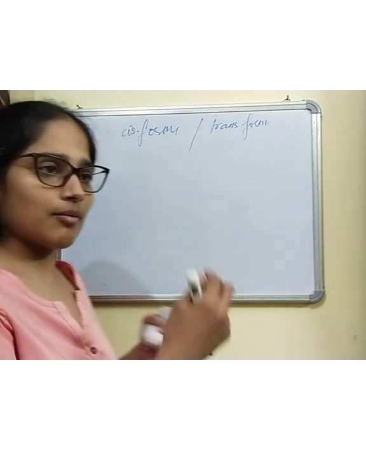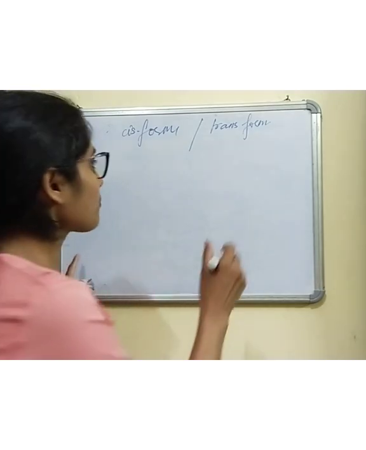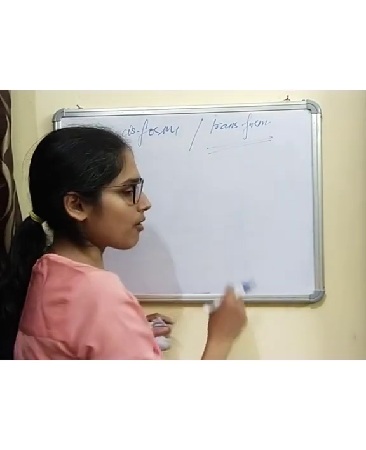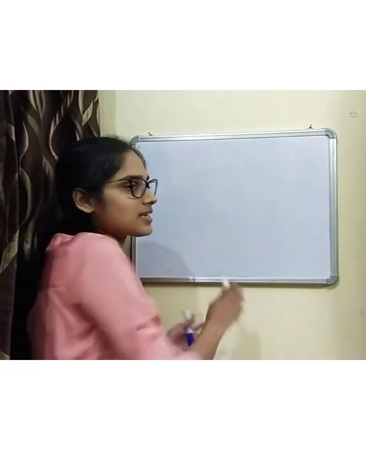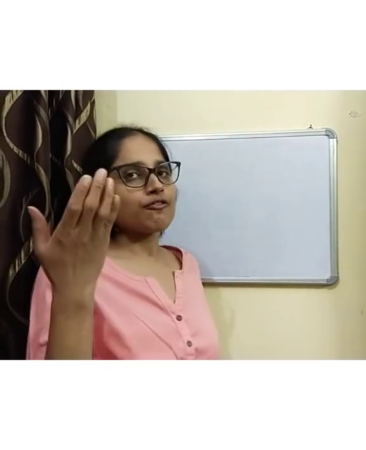So the R groups of the neighboring amino acids always occupy the trans form. Okay, so now we'll discuss what are the permitted values of phi and psi angles.